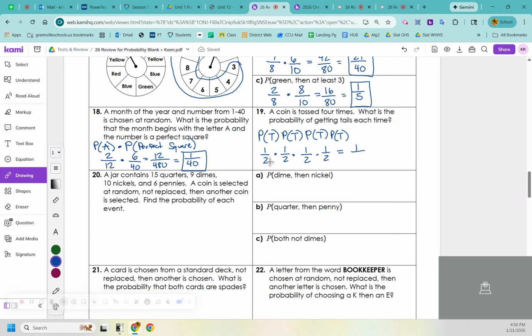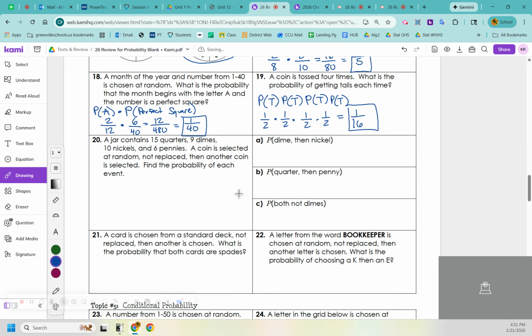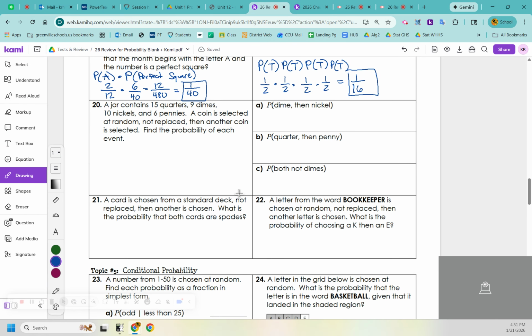So it'd be 1 over 2, 4, 8, 16. 1 over 16.